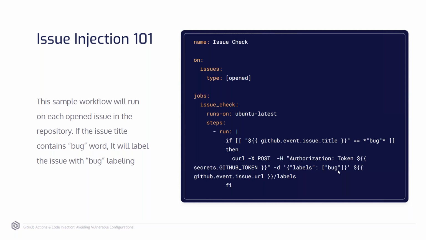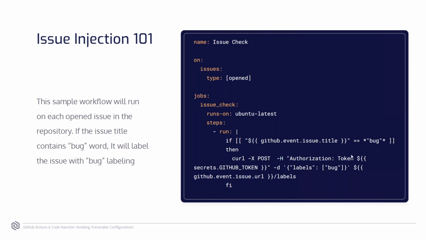So in this workflow, we can see these curly brackets, which is another mechanism of GitHub Actions. This allows workflow developers to use additional information that comes from triggered events. In this example, we have several such usages, such as in this case where we fetch the title of the issue which triggered the event.